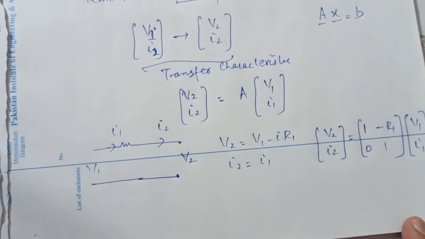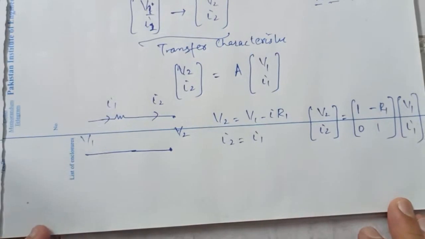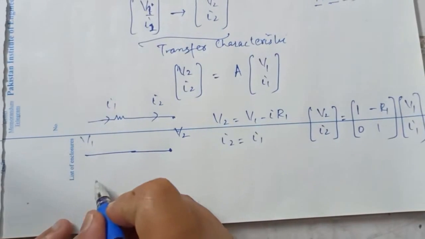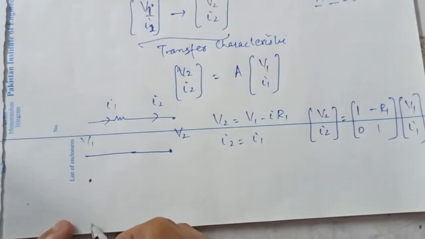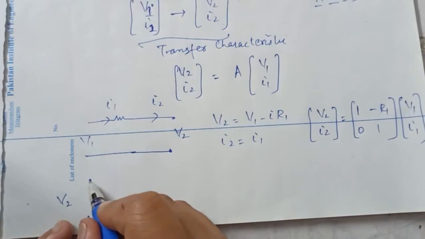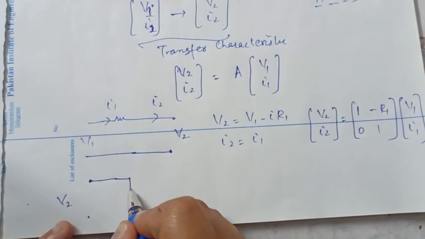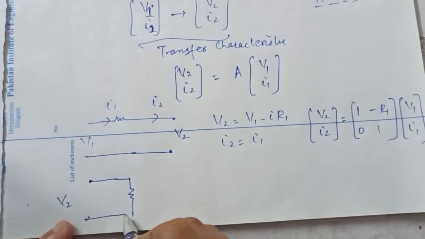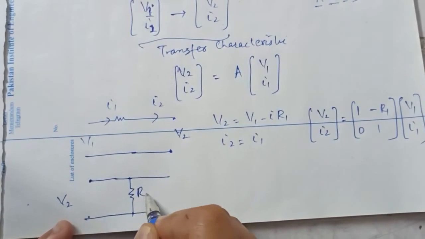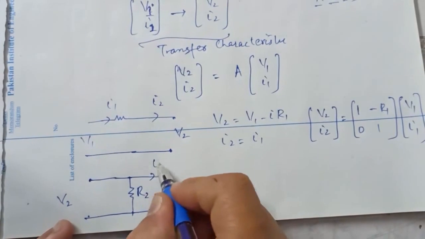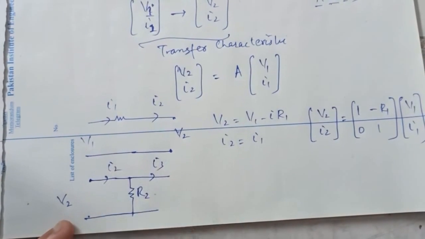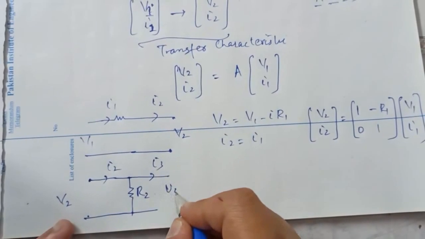Similarly, if I have a parallel circuit, let's call this V2 and this R2, this is your I3, this is your I2, and this is your V3.